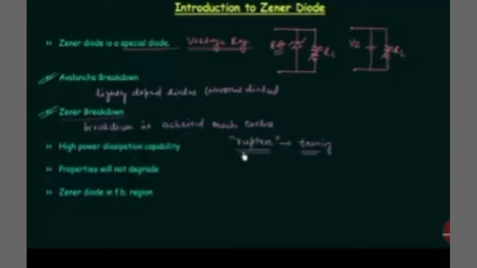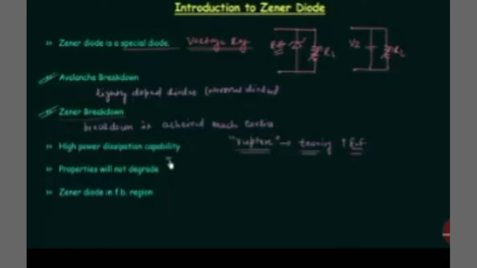So there is a difference between avalanche breakdown and Zener breakdown. In avalanche breakdown, electrons gain high kinetic energy and break the covalent bond. On the other hand, in Zener breakdown, there is direct rupture of covalent bonds because of the high electric field. I hope avalanche and Zener breakdown are now clear to you.